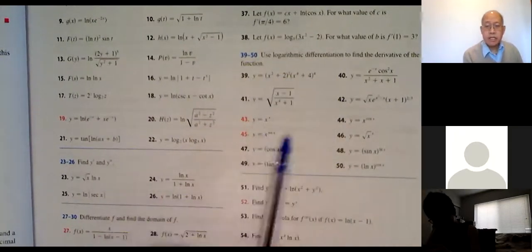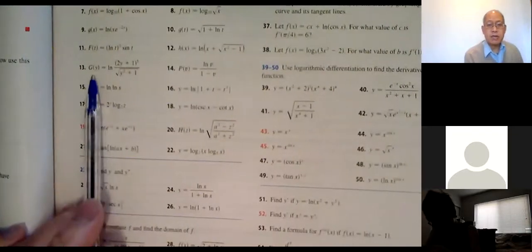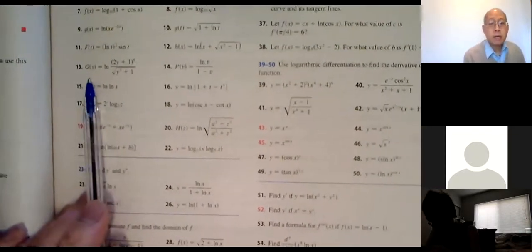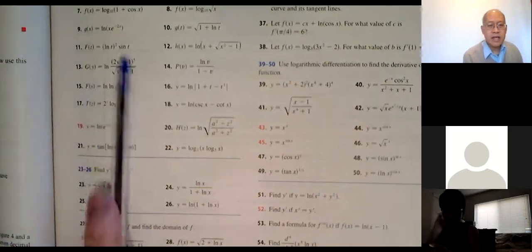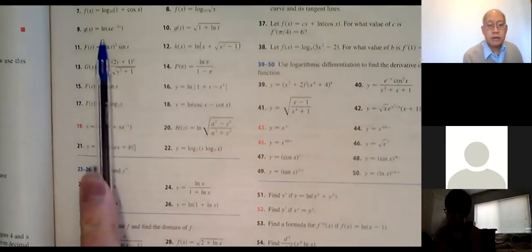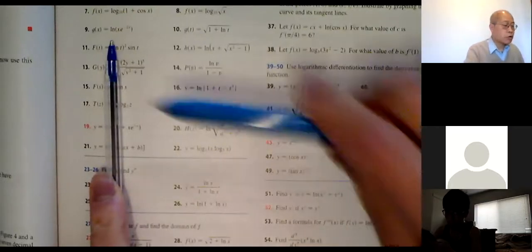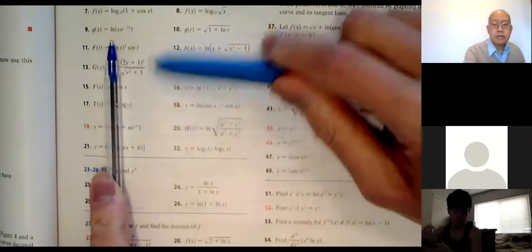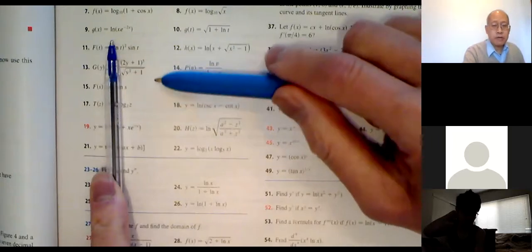Okay, so before I touch any of these, let me go back to something like 13. We did 13, right? Now, if that ln weren't there, it'd be a pretty messy derivative. You would have a quotient rule, bottom times the derivative of the top, minus the top times the derivative of the bottom, all over the square of the bottom.